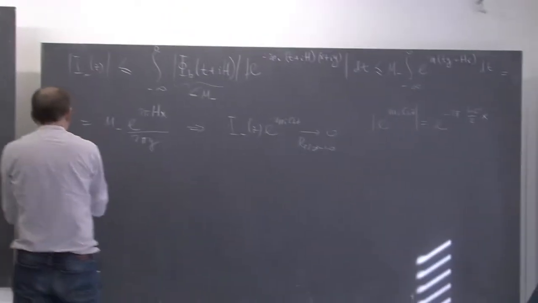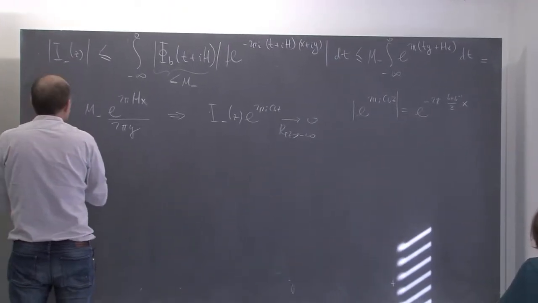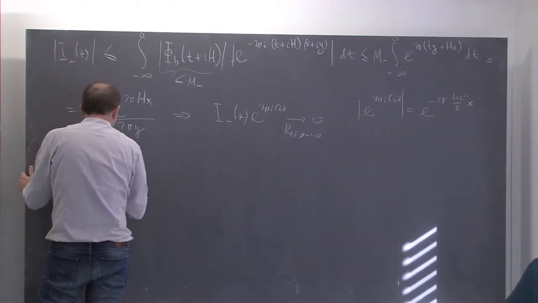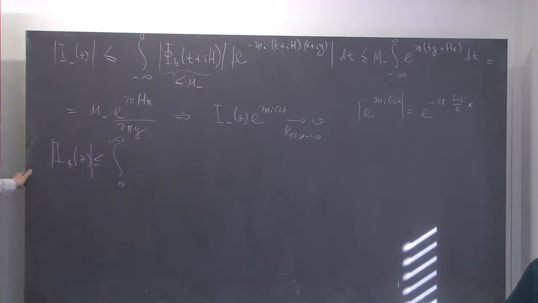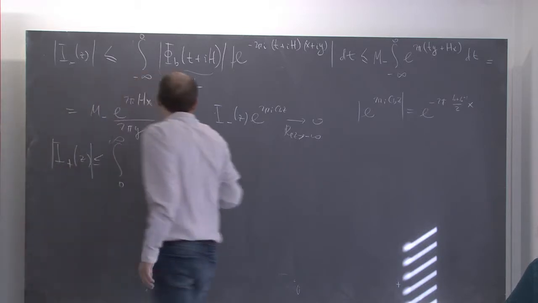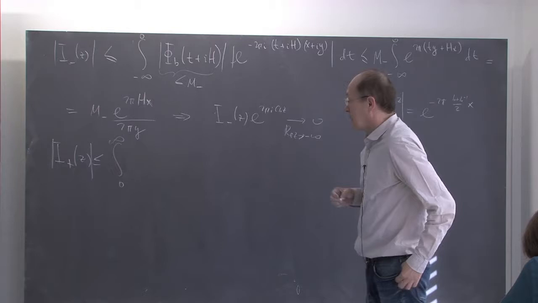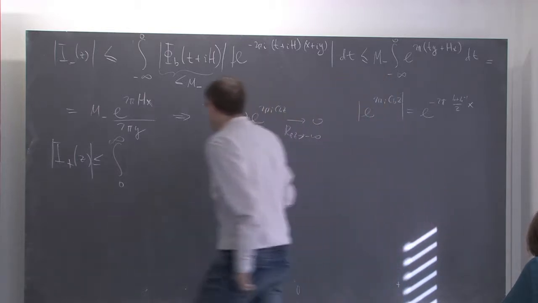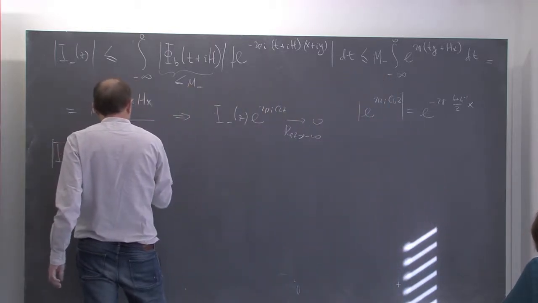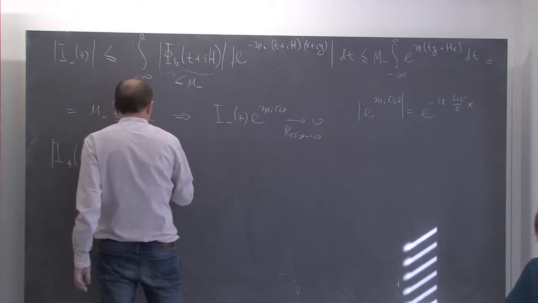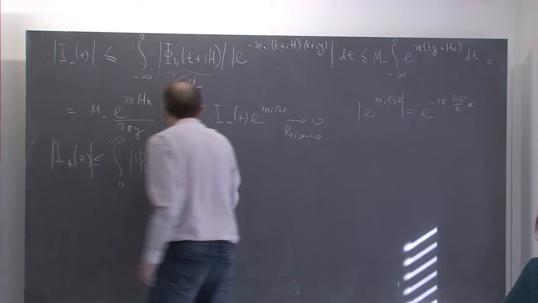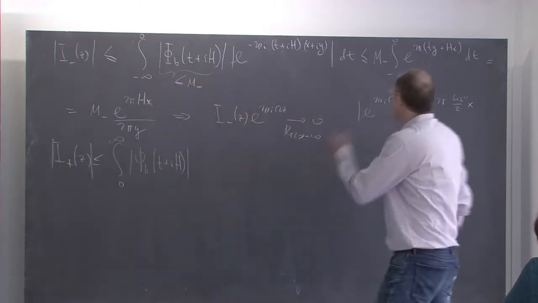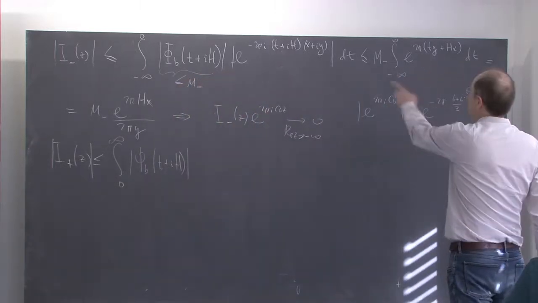Now I plus. I plus is the integral now from 0 to infinity. The absolute value is less than or equal to, again by the triangle inequality, the integral of the absolute value of phi_b of t plus ih, and nothing changes, right?